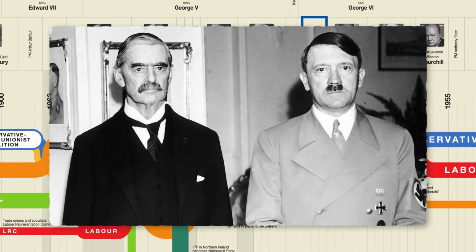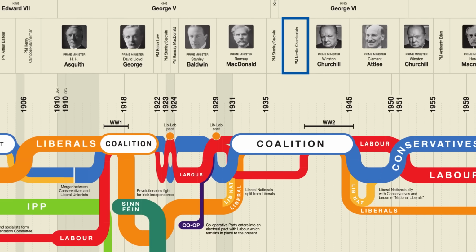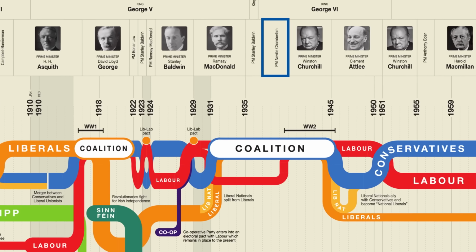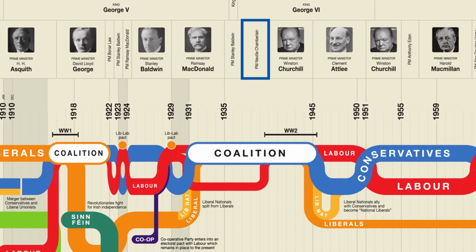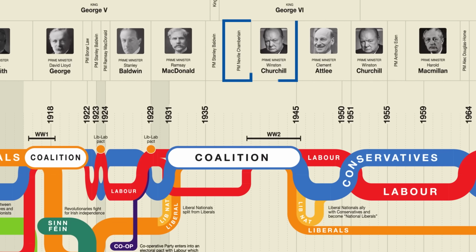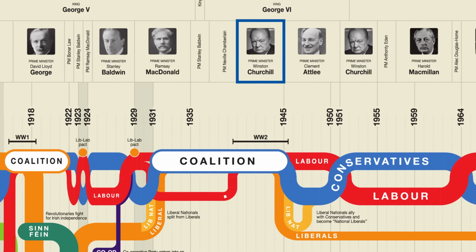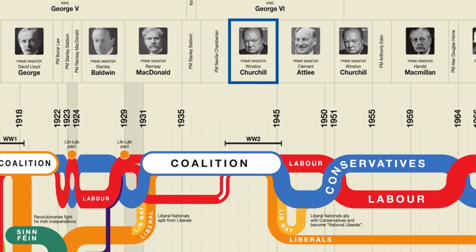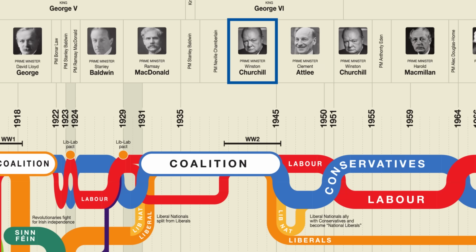But World War II came anyway, and pretty soon it became clear that Chamberlain was not the right man for the job. He was thus replaced by Winston Churchill, and at this point the Labour Party joined the coalition government as well.